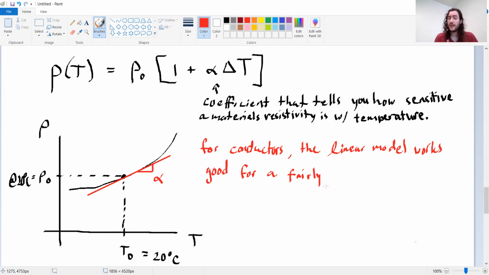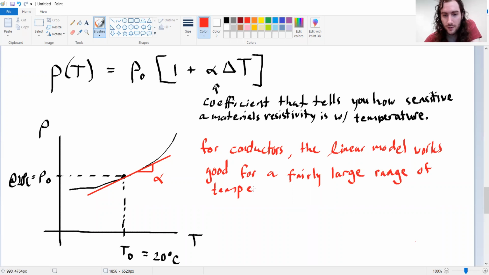Other metals are a little worse. They each have their own curve for the resistivity as a function of temperature. But for most metals, the range is fairly large. For a fairly large range of temperatures, this linear model works pretty good. But again, the larger your temperature range, the more you open yourself up to error, deviation from the true value.